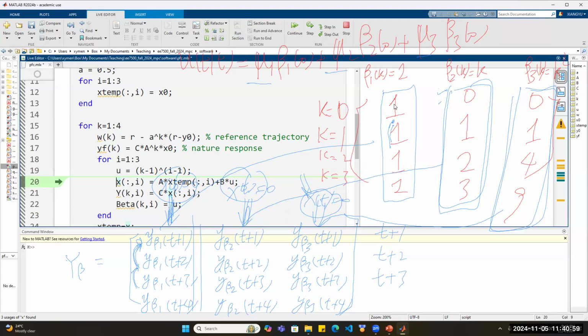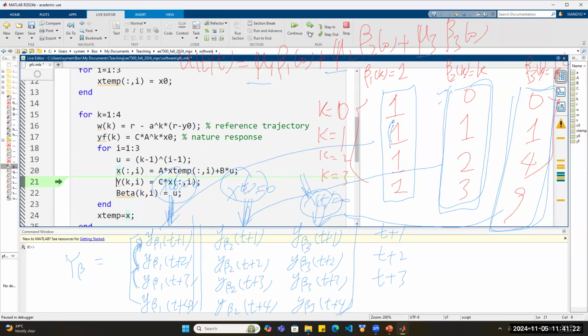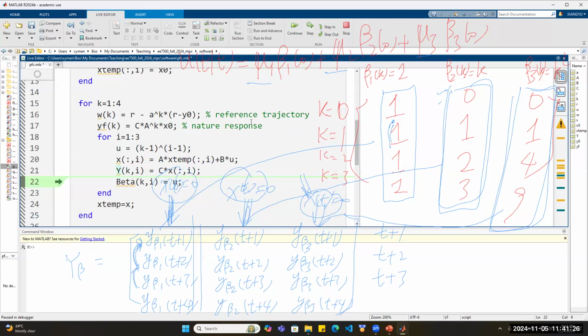This corresponds to K. K is 1 basically means that K is 0. The first one is 1. Then we use this control input to calculate this state. Then this is the Y.